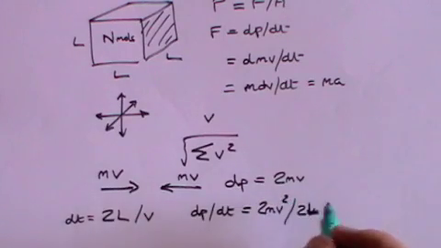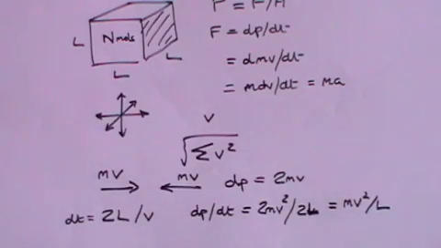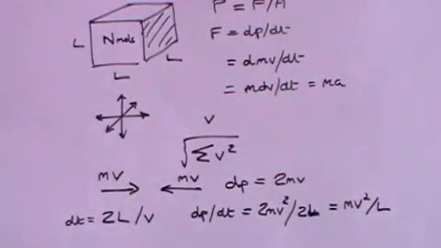And that comes up there and becomes v squared. And that equals mv squared divided by L per molecule. So the force, which is dp by dt, is equal to mv squared divided by L per molecule.